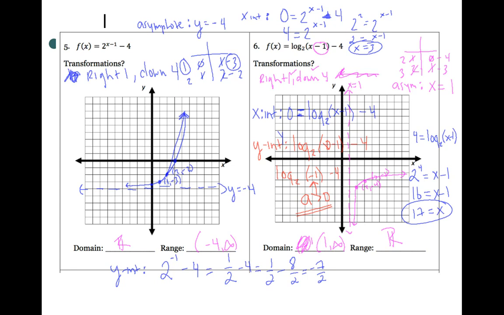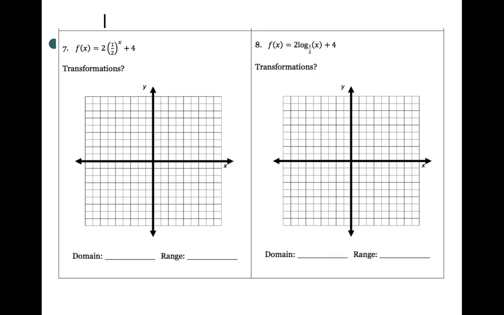So keep using those rules, keep referencing them. It all goes together. So the last 2. Again, if you haven't tried any on your own, maybe try them. This kind of is like where we almost started, right? So 2 is going to be a dilation factor. So this is going to be a vertical stretch by 2, and then it's going to go up 4.